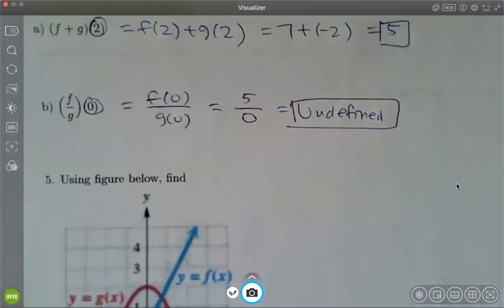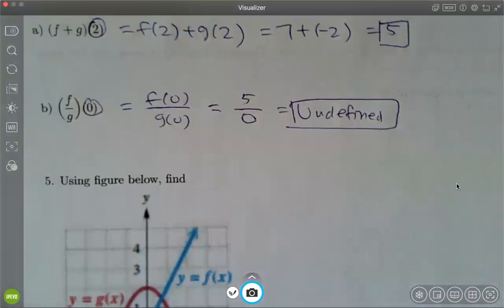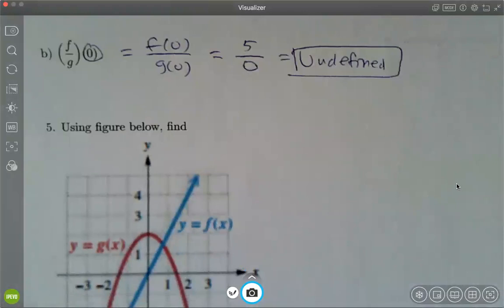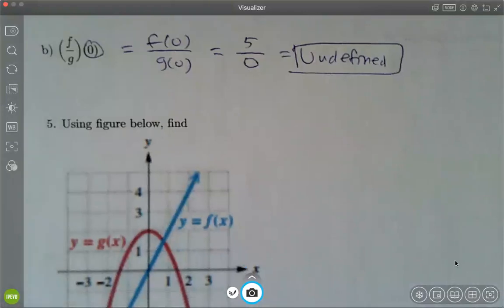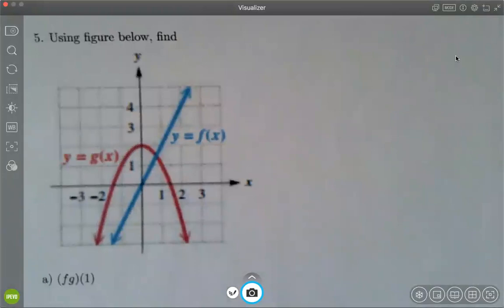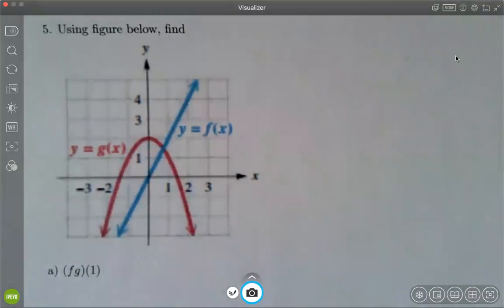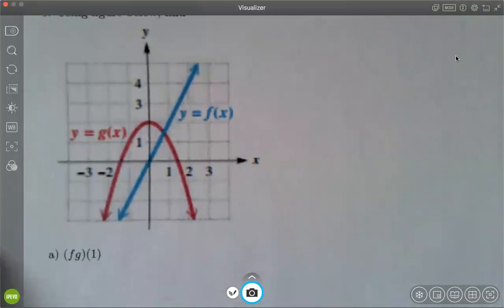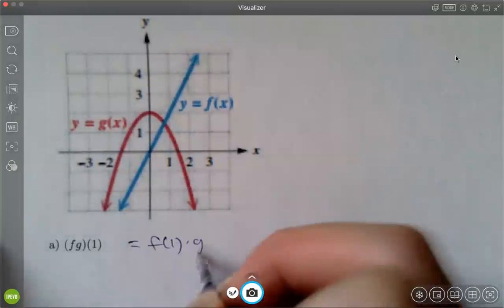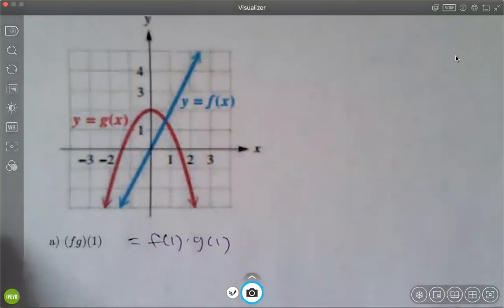Okay, now the next problem. Instead of having the tables of values, now we have graphs. Okay, so now we have graphs of f and g. So find fg of 1. Okay, so fg of 1. So what does that mean? f of 1 times g of 1, right? Now, what is f of 1?